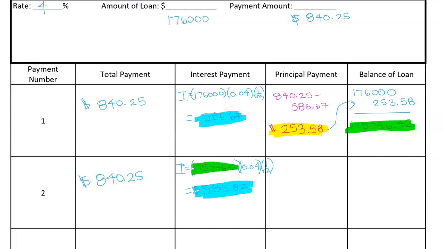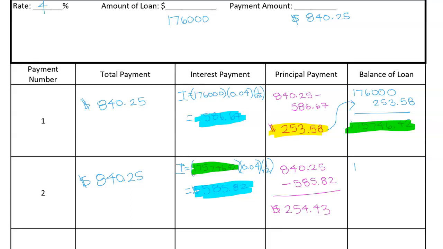So again, think of the payment, $840.25. Part of it goes to interest, part of it goes to principal. In the second month, the part that goes to interest is $585.82. Now we just need to find out how much goes to principal. $840.25 minus the interest payment of $585.82, and I get $254.43 goes towards principal.